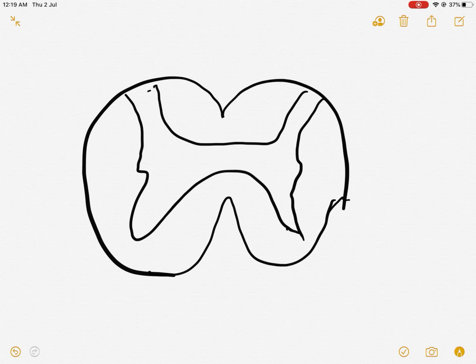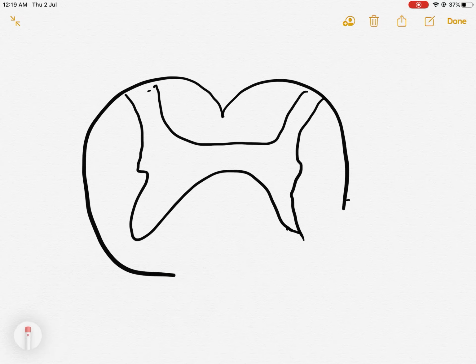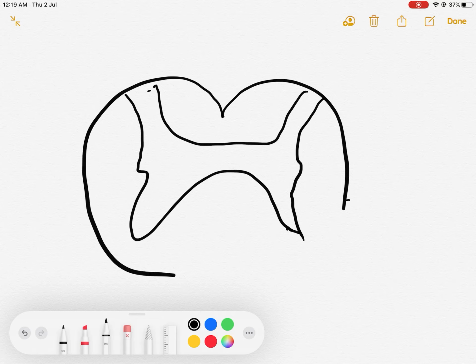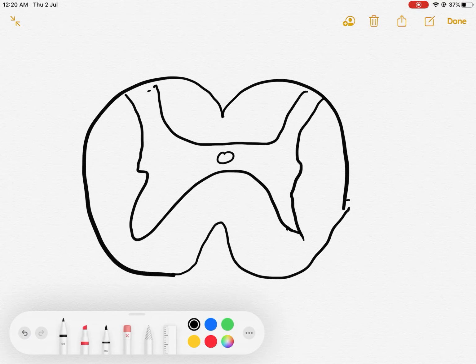This is a rough diagram of spinal cord. So this is the central canal. Now I'll mark first the ascending tracts and then the descending tracts.